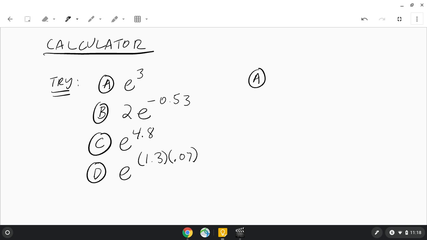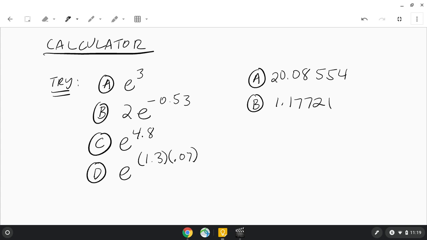For letter A, you should have gotten 20.08554. Go ahead and hit the pause button and check letter B. For letter B, you should have gotten 1.17721.